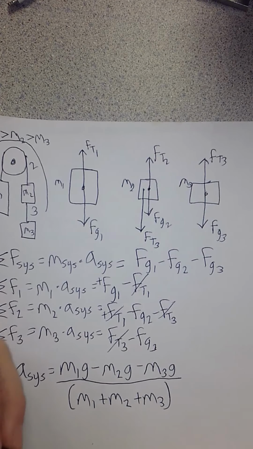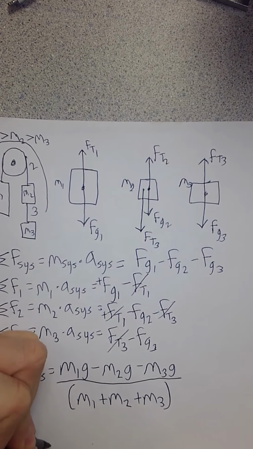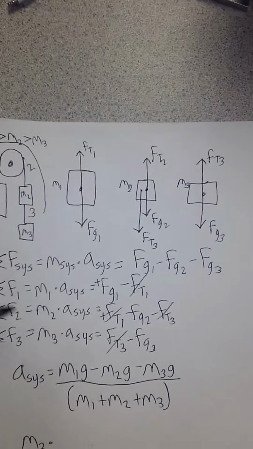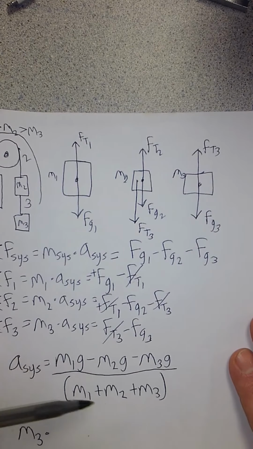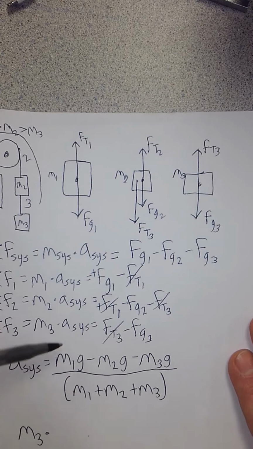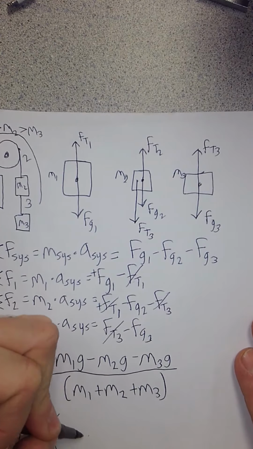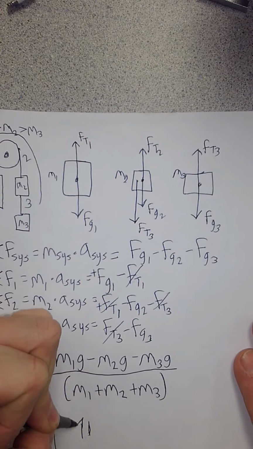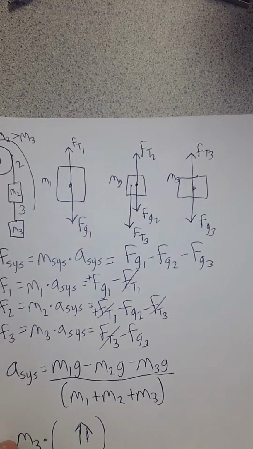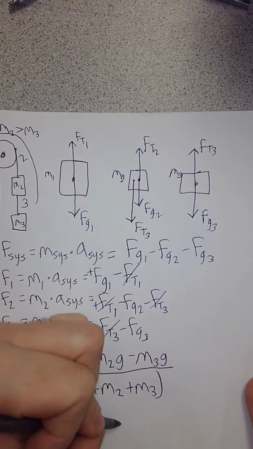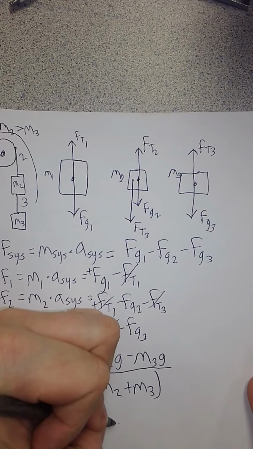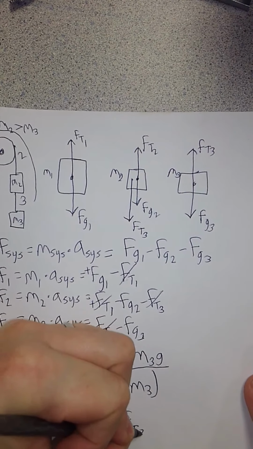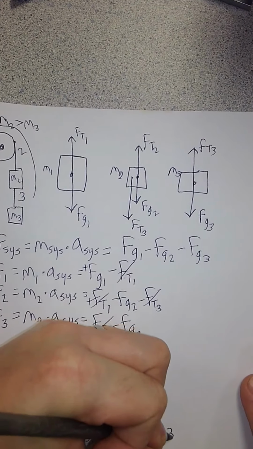It will look like this. M3 times, and I don't want to write all this again, but basically all of this is the acceleration of our system. So I'm just going to do this because I can. All of that times M3 equals FT3 minus FG3.